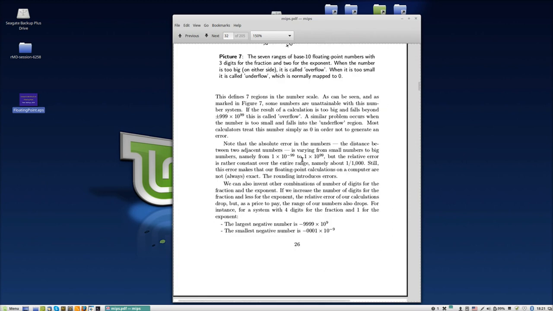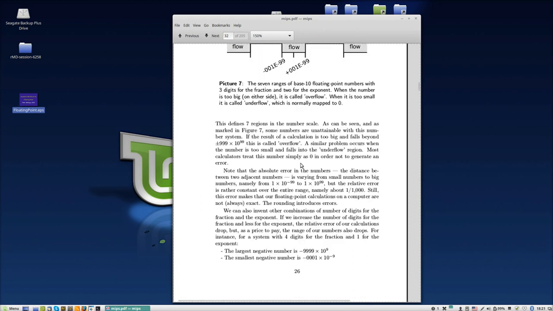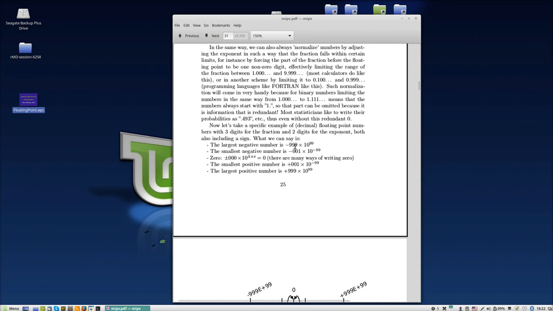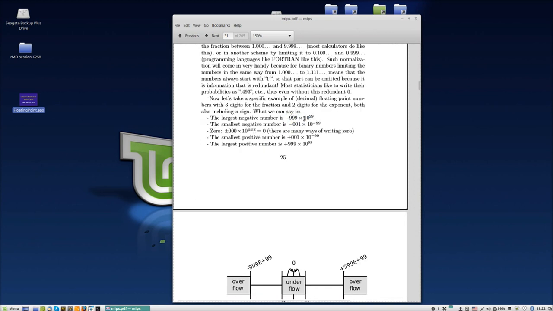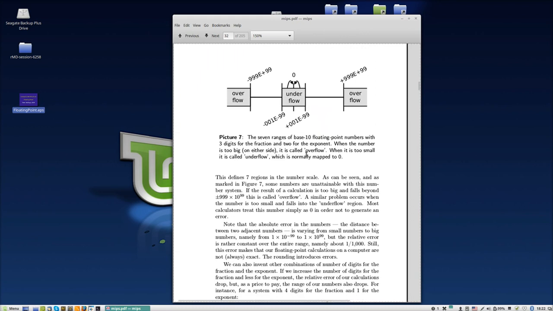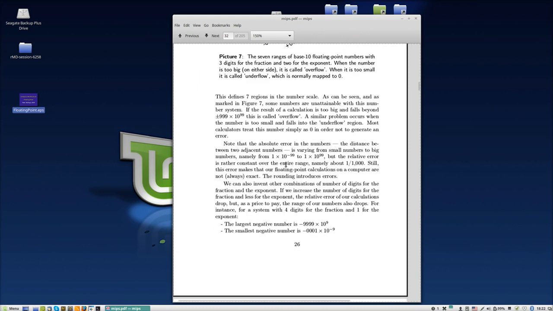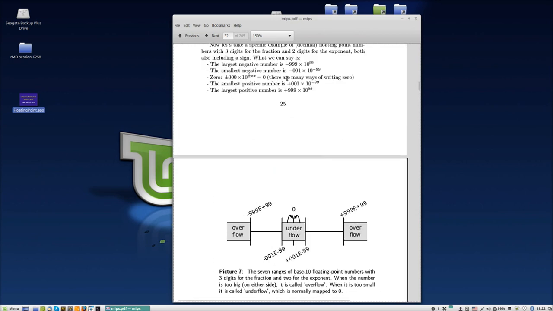Now what we could do, of course, for the 5 digits, we chose 3 for the fraction and 2 for the exponent. We could also put 4 for the fraction and only 1 for the exponent. So what will happen then? Well, let's first say that the error in our calculations is about 1 compared to 999.